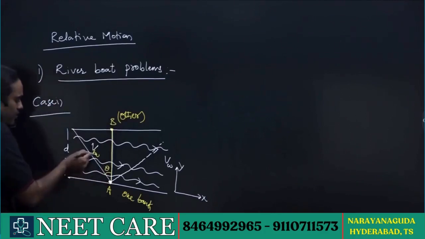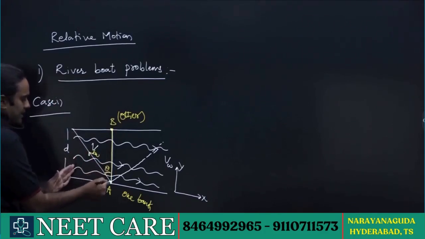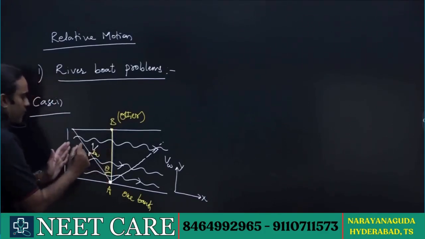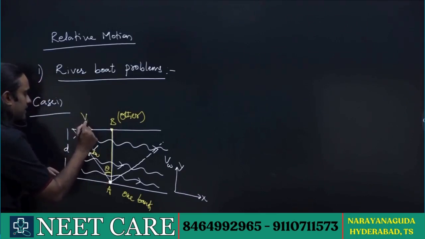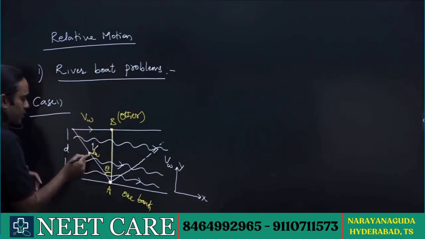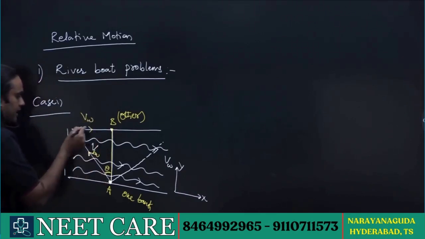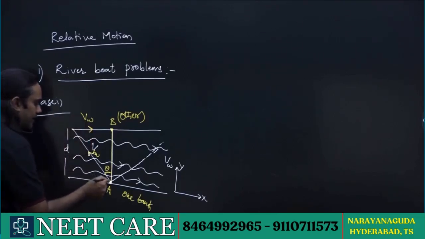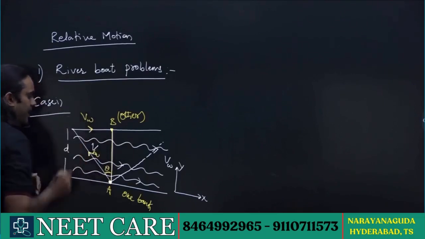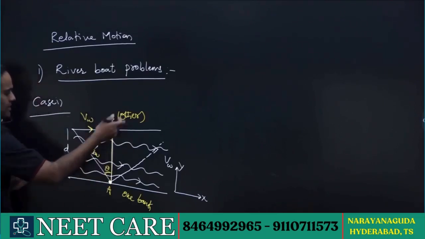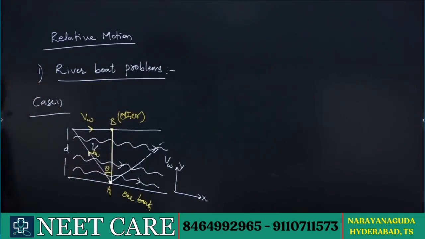The boatman keeps the direction of the boat against the flow of water, slightly at an inclination theta with AB. If you take the velocity of the boat with respect to water like this, then due to the water velocity, the boat can reach the other bank. The net velocity will be somewhere in this direction.